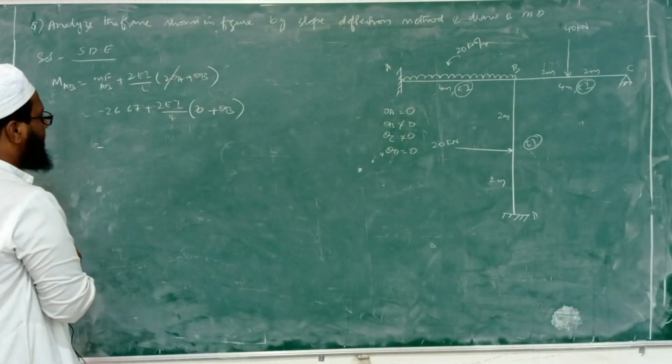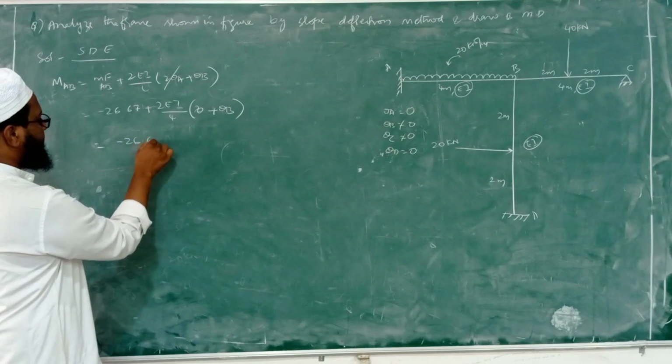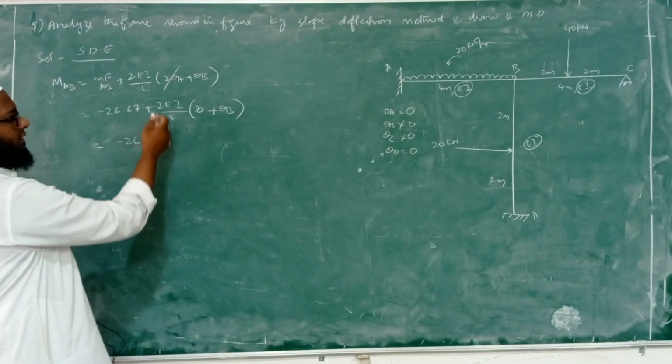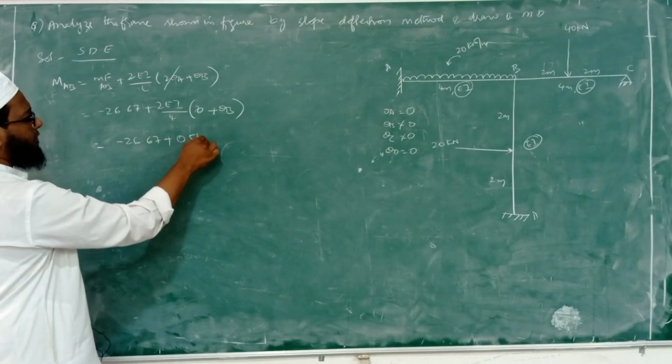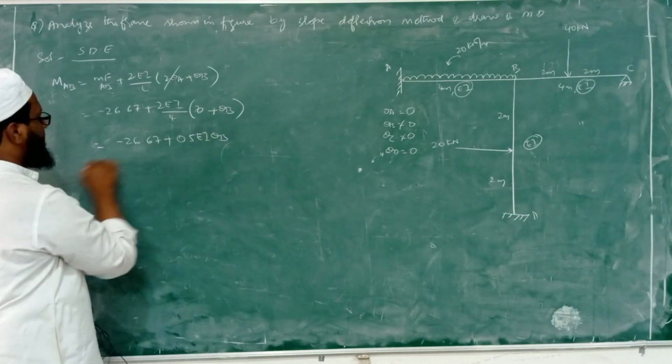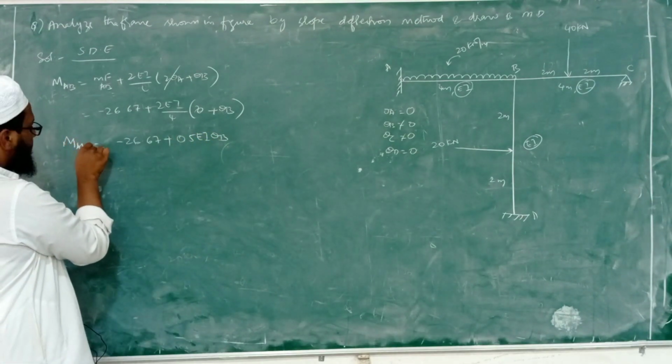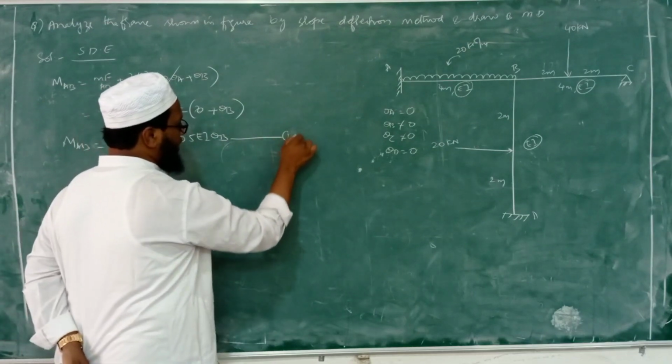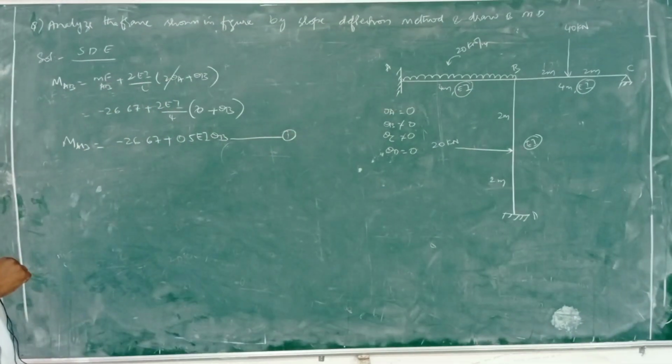Once you solve this, you get MAB equals minus 26.67 plus 0.5 EI theta B. We name this equation number 1.